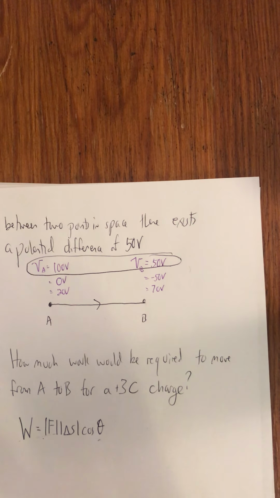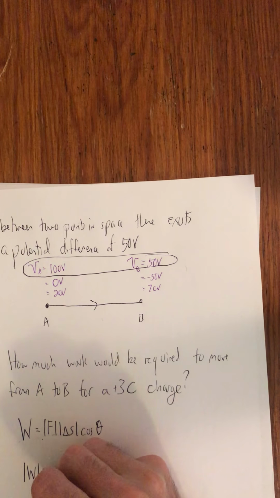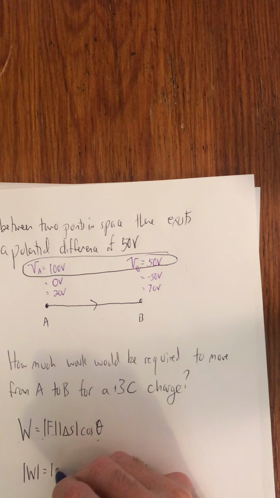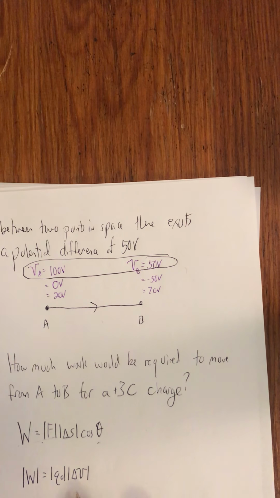We're not going to deal with that in all of this because that gets very complicated because of the signs of the charge. So we're just going to deal with magnitudes here. So the amount of work magnitude is going to be the magnitude of the charge times the magnitude of the difference in potential.